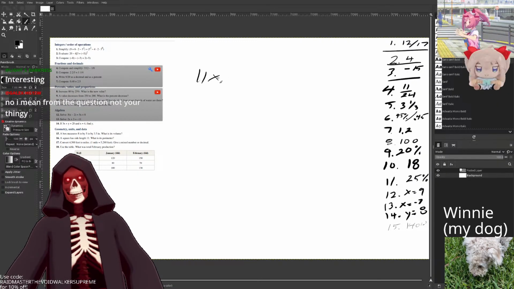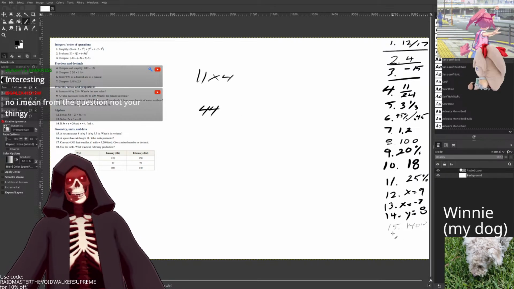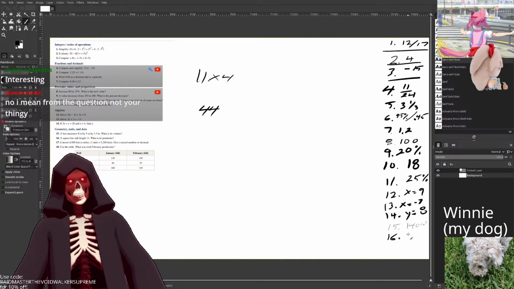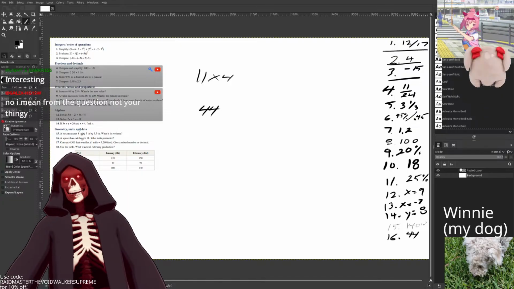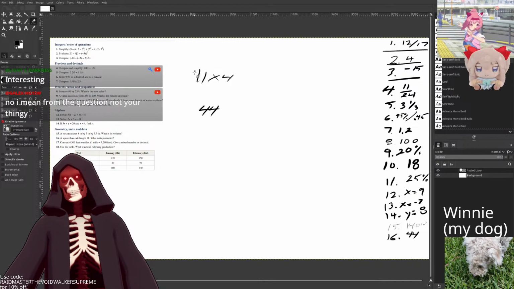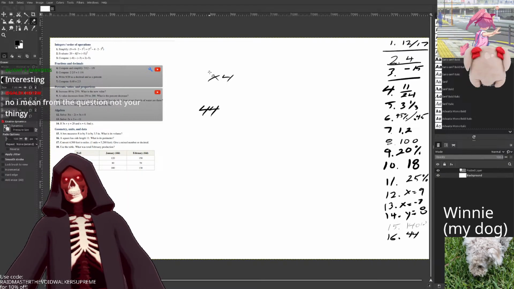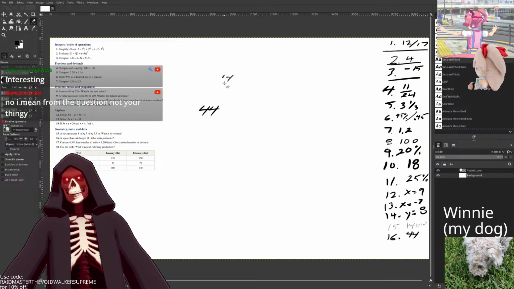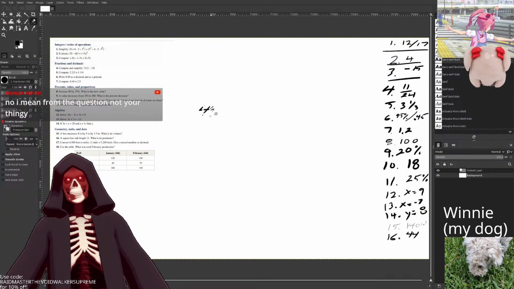Well, that's simple. You multiply that by 4 sides, and you get 44. It's 44. Very simple. Finding the perimeter of a square is easy.